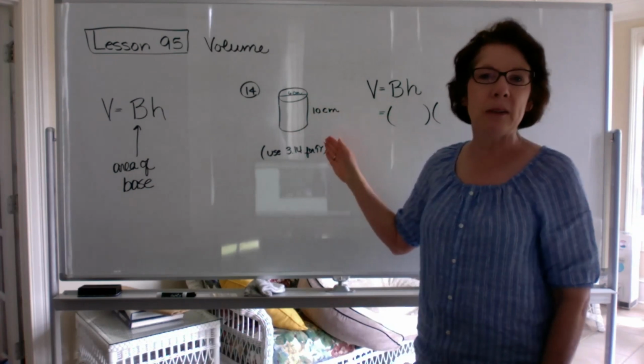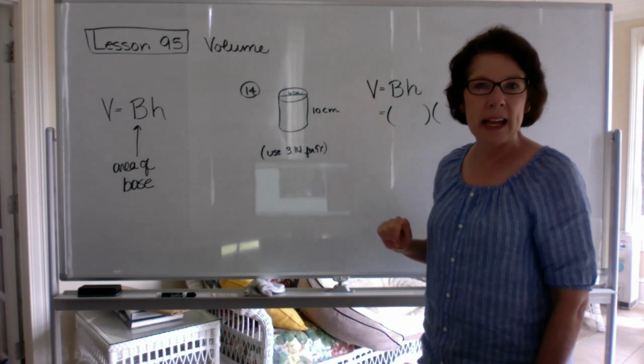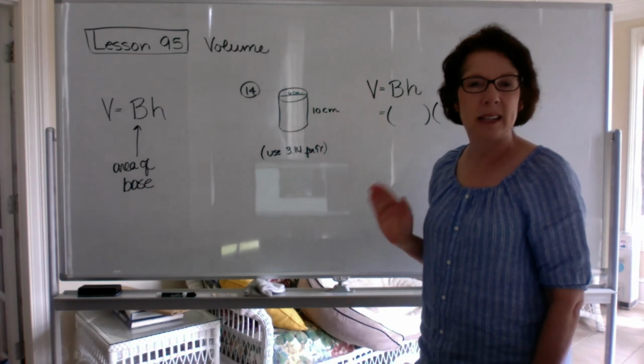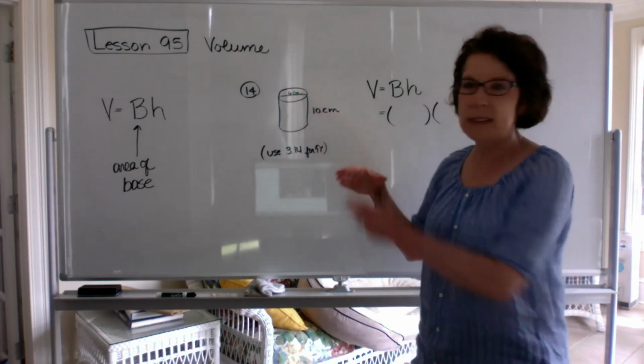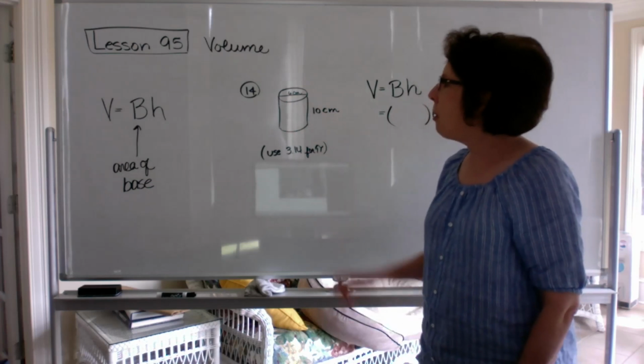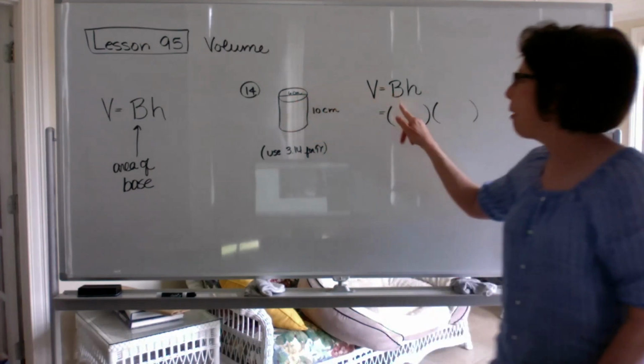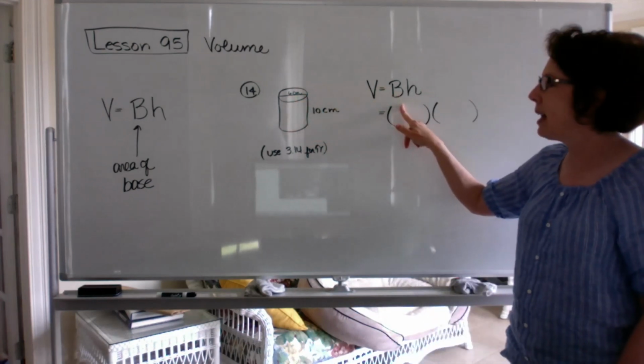So for every cylinder problem, the circle is the base. What we want to do is find the area of the circle, and that will be our value for B.